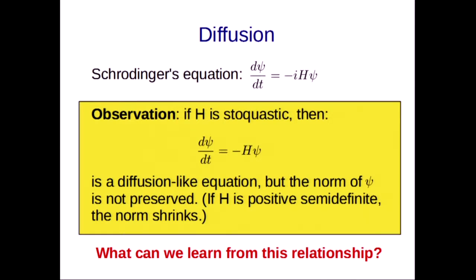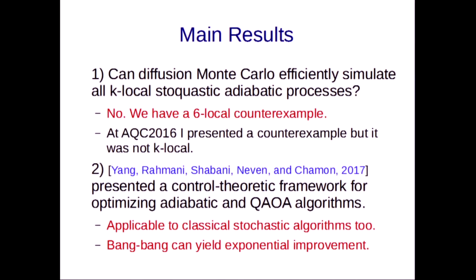You are sort of rotating to imaginary time, and the question is, what can we learn from this relationship between these Schrodinger wave equations and these closely related diffusion equations? And so this talk really consists of 2 parts, each having to do with that theme about this relationship between these wave equations and diffusion equations. But other than that, the parts are fairly separate.